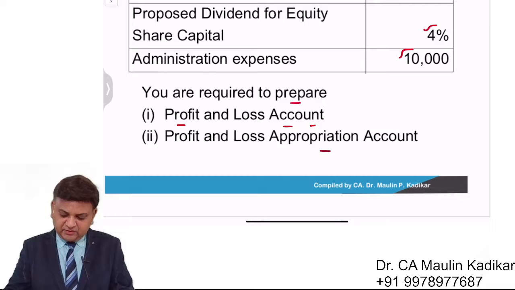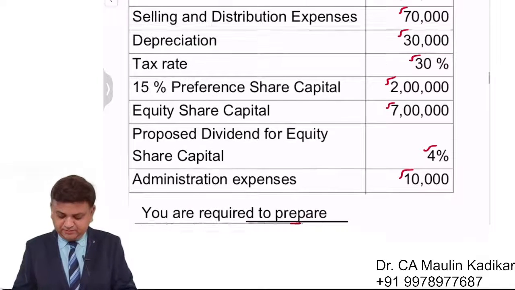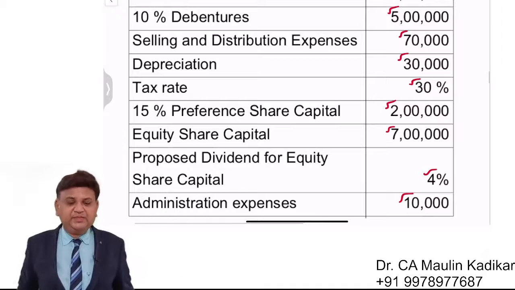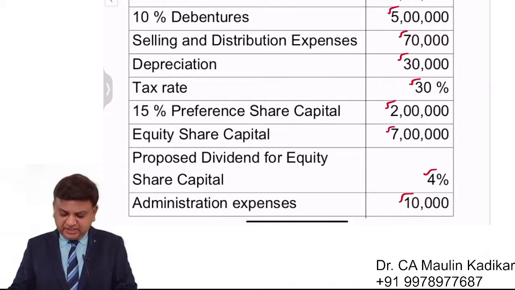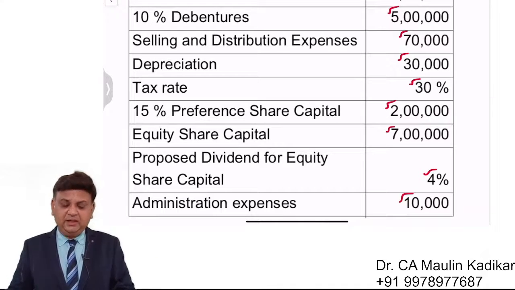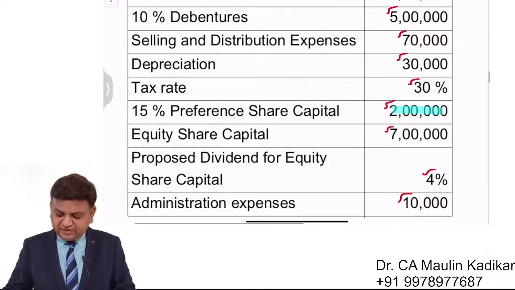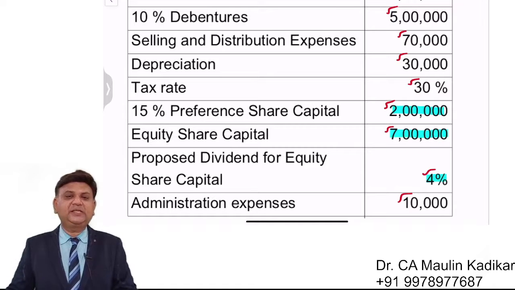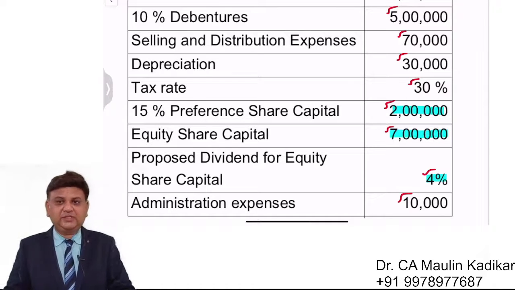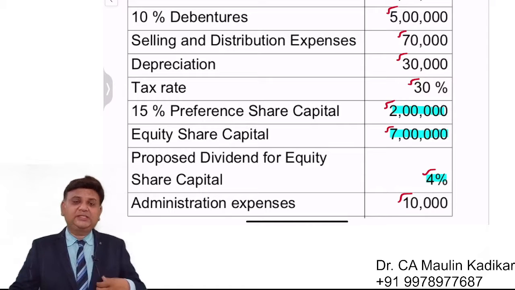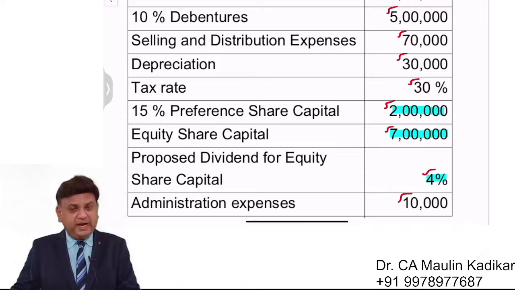Second question is we are required to prepare P&L appropriation account. Dear students, as far as the P&L appropriation account is concerned, in that there will be payment of the preference dividend that we have to show, and we are required to show the proposed equity dividend. Since proposed equity dividend information is given, it is implied that the company has to pay preference dividend before that.